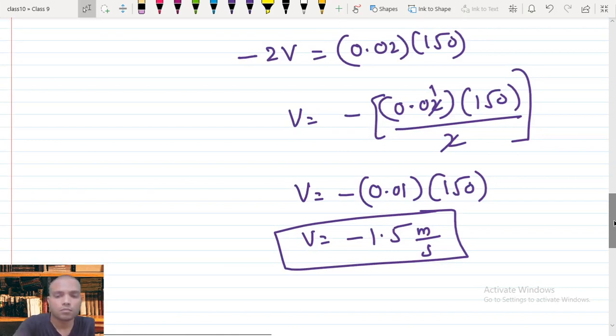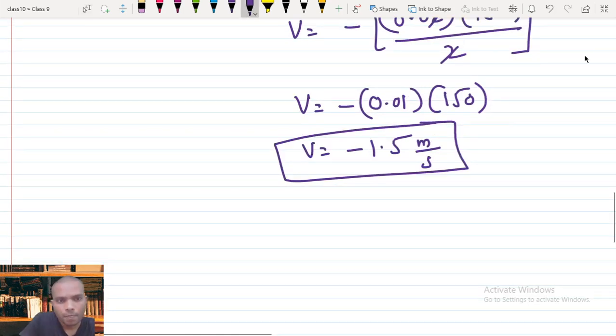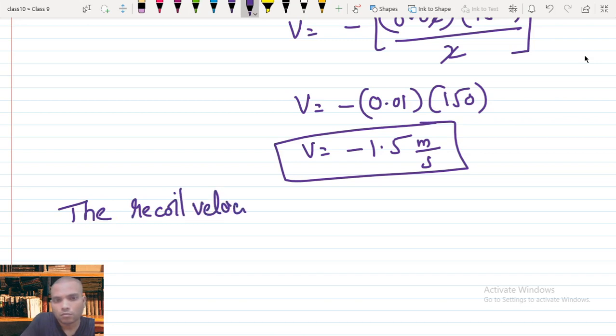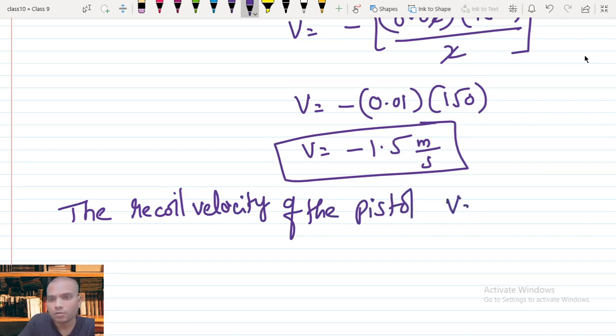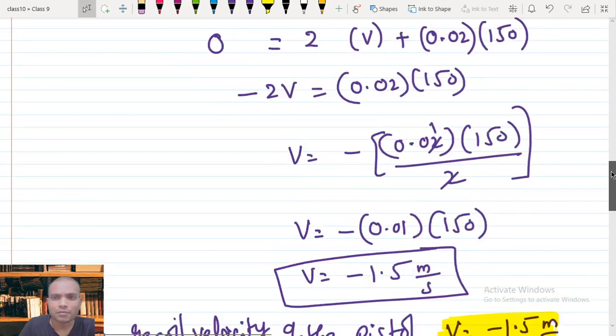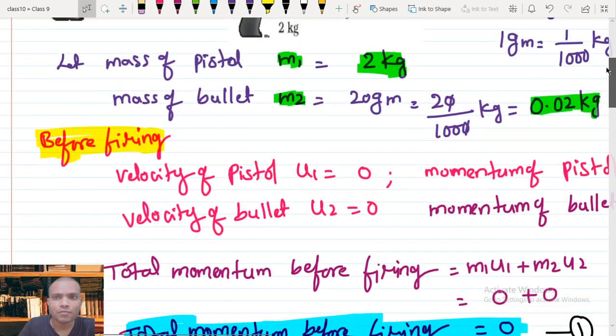Therefore, finally we can write the recoil velocity of the pistol v equals minus 1.5 meters per second. Here, what does the negative sign show? The minus sign tells us the pistol is moving backwards when the bullet is moving forward. We can understand that from the figure.